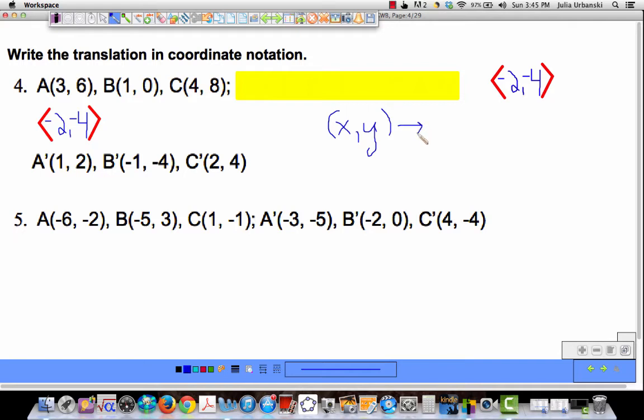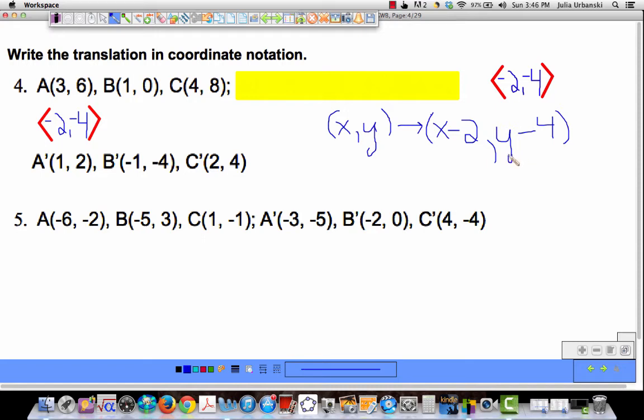So all you have to do is write your x and then write what happened. We're taking 2 away, so it becomes x minus 2. That means on the graph you would go 2 to the left. And when your y value is -4, it means you're going down, so you just take y minus 4, and that is your coordinate notation as well.